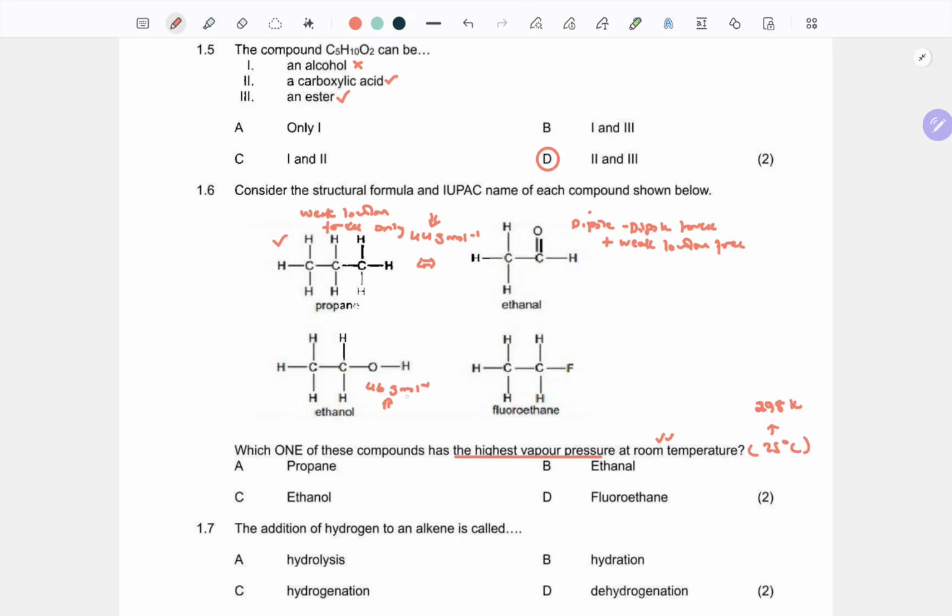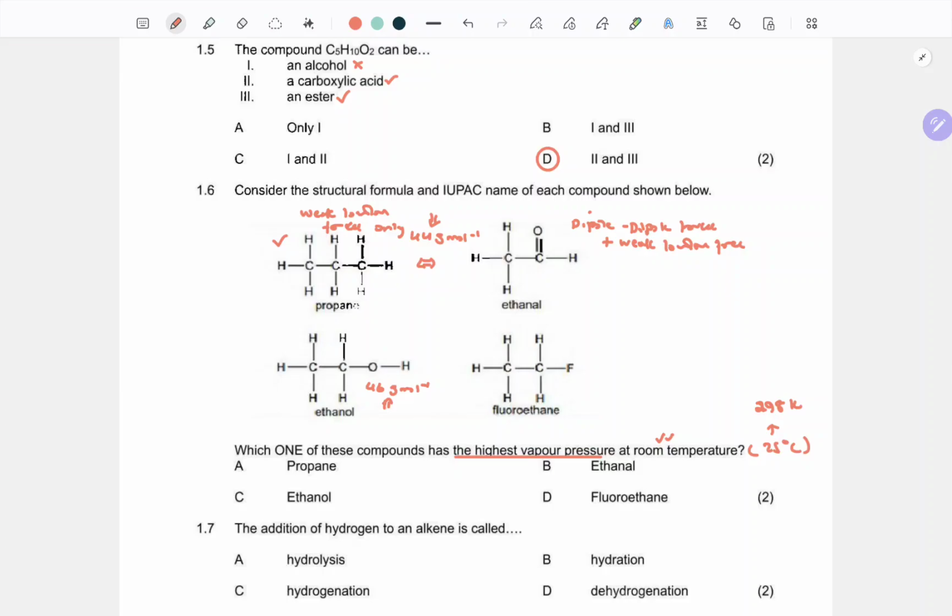But now let's look at these last 2. Now you see the problem with ethanol here compared to the first 2, it already has a higher molar mass. So that's not a good idea for this comparison, because by the mere fact that it has a higher molar mass, it means there's more electrons involved here in the London forces.